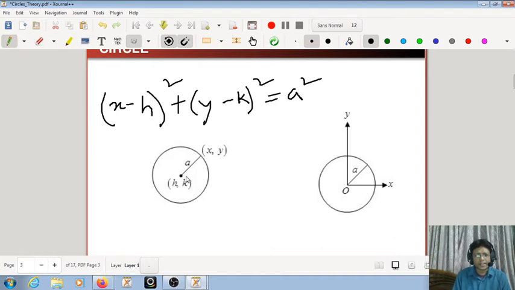Look at that, the center is given by (h, k), C is the center of the circle, and (x, y) is any point P on the circumference of the circle. So the distance between P and the center is given by this formula. You know that formula: (x minus h) whole square plus (y minus k) whole square equal to a square. a is the radius of the circle. That gives you the equation of the circle with center (h, k) and radius a.